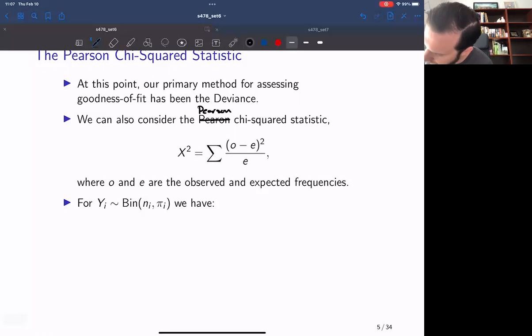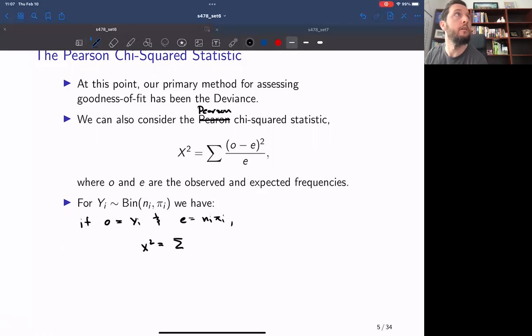First off, if O is equal to yi and E is equal to ni pi, then X squared is equal to the sum of the yi minus ni pi squared over ni pi.